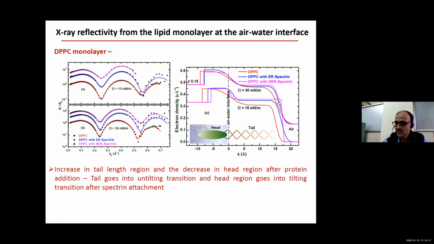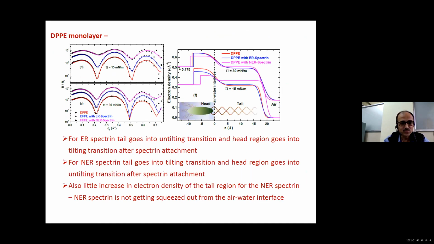Then we can see how this tilting and untilting transition takes place. Similarly, we can do this for the DPPC molecule, where we have this kind of arrangement. If somebody wants, we can go through the details, but I am out of time.